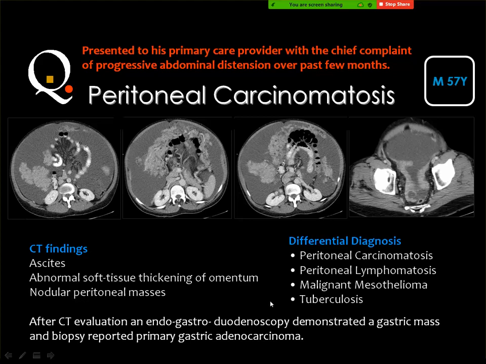Then, if you see an omental lesion and you do not know the cause, these are the differential diagnoses. Please remember this very well: peritoneal deposits, peritoneal lymphoma, and the primary tumor of the peritoneum, which is malignant mesothelioma. Of course, TB may be considered here, but there are some features that may suggest this diagnosis.